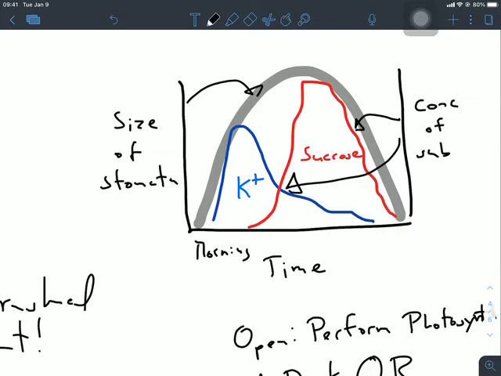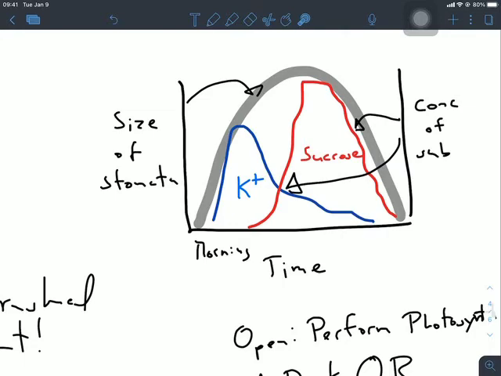As the sucrose is being trafficked down, it's decreasing in its concentration. So once a plant goes from peak to decreasing levels of sucrose, the stomata pick up on this signal that we aren't maintaining our extremely high levels of sugar, and therefore it's probably getting to nighttime because we're not as photosynthetically active, and therefore we should close our stomata.